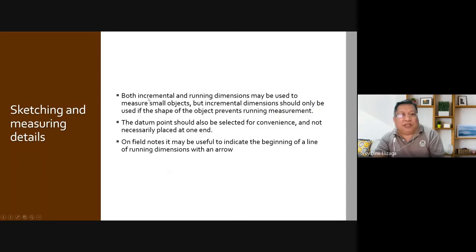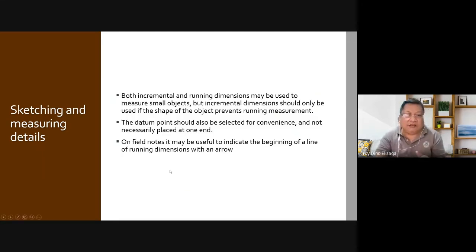Both incremental and running dimensions may be used to measure small objects, but incremental dimensions should only be used if the shape of the object prevents running measurement. So we mentioned that earlier. The datum point should also be selected for convenience and not necessarily placed at one end. The datum point can be somewhere in the middle, but always indicate where it is.